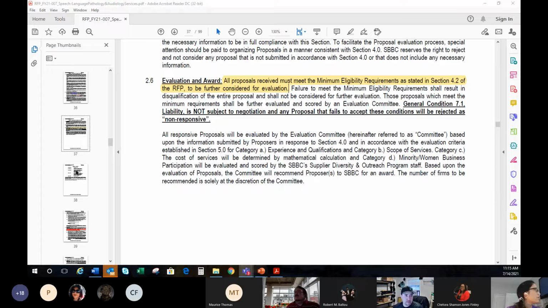There is a place where you can check mark the box that basically says, yes, I fully agree with general condition 7.1 of the liability. This next paragraph basically goes over the different sections, the experience and qualification, scope of services, the cost, and the minority women business participation as part of the evaluation that will be scored under the RFP.